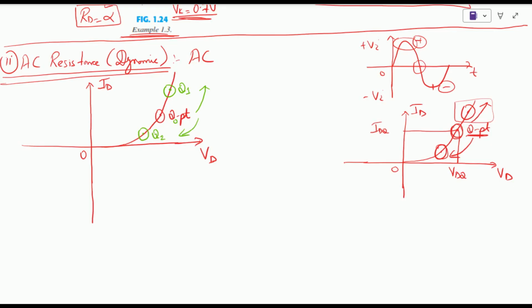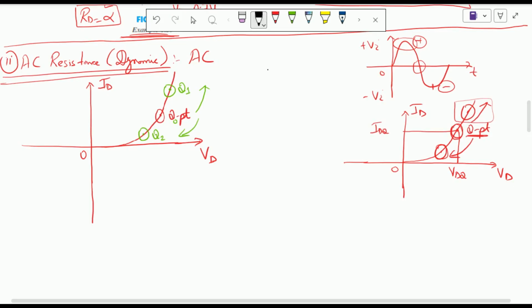If we try to map this in terms of a sinusoid, we can say that these are the points where the Q point is basically hovering or moving to and fro. This is the initial point, and the remaining are the maximum or minimum values. So if I try to draw this, my sinusoid for the current value is going to be something like this, with the maximum value of current over here and the minimum value of current over here.